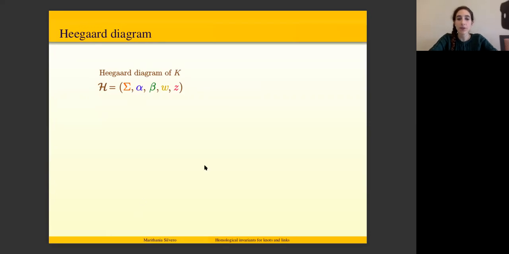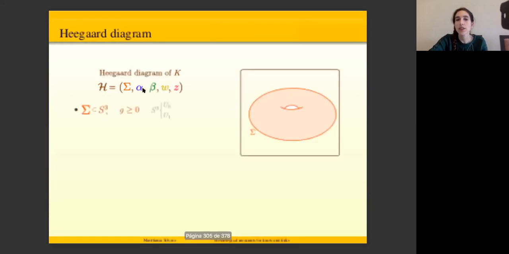We need to know what a Heegaard diagram of a knot is, and a Heegaard diagram of a knot consists of 5 elements. Here we have the 5 elements, and we will see what each of them is. The first one is a surface of genus G, and this surface splits the S3 into 2 handlebodies, U0 and U1.